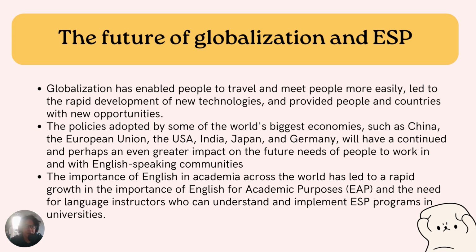The importance of English in academia across the world has led to a rapid growth in the importance of English for academic purposes, or EAP, and the need for language instructors who can understand and implement ESP programs in universities.